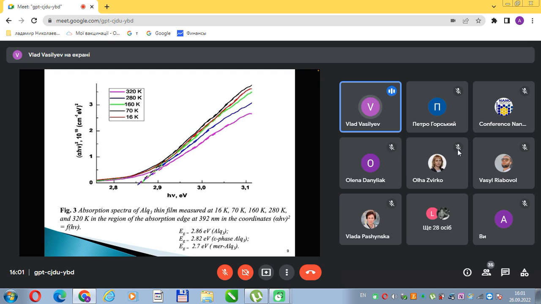Figure 3 shows the absorption spectra measured from 16 Kelvin to 320 Kelvin in the region of the absorptions at 392 nanometers.